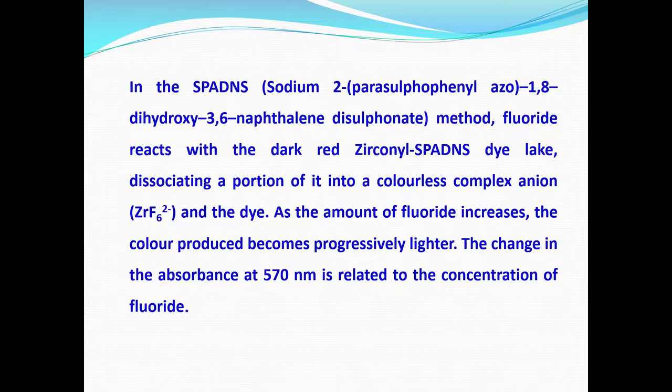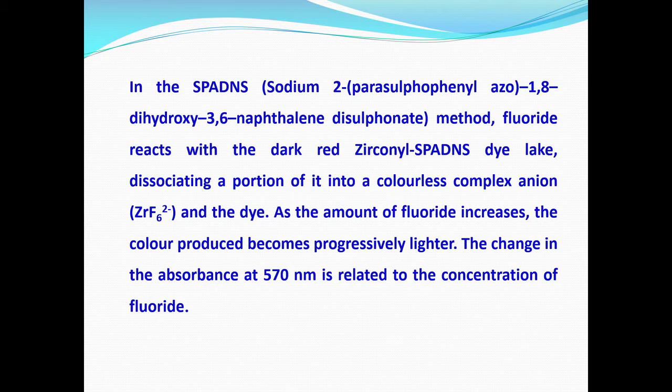Going back to this analysis, as the red zirconyl SPADNS lake is there, whenever we add the fluoride, it dissociates part of it and ZrF6 will form, and the dye will be released.